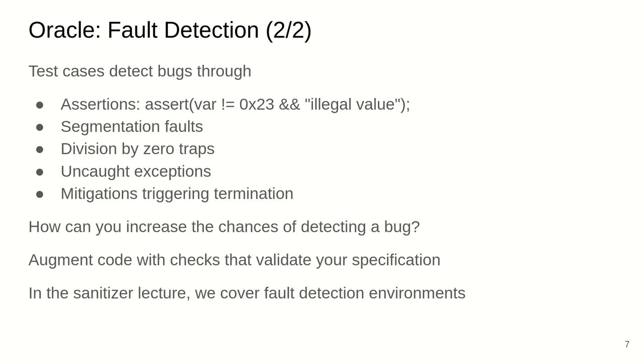Well, how can you now increase the chances of detecting a bug because the oracles may be incomplete? You could augment your code with checks that validate your specification and even have a mechanizable or machine checkable specification in the first place. And later on in the sanitizer lecture, we'll cover different kinds of fault detection environments and how you can enforce certain kinds of policies to check for violations of specifications.